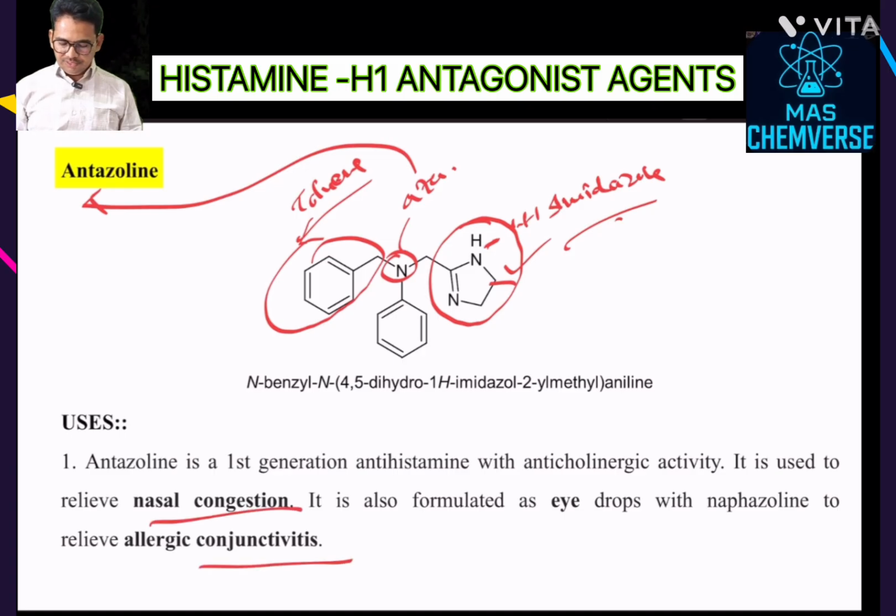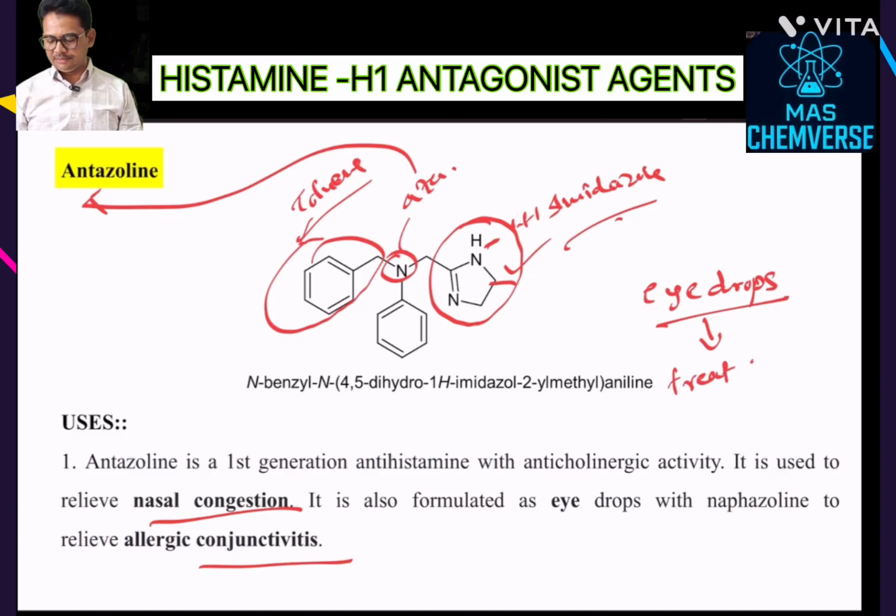This is also useful for eye allergies. Mainly they are very useful because we are using this drug in the form of eye drops, because it treats eye allergy.